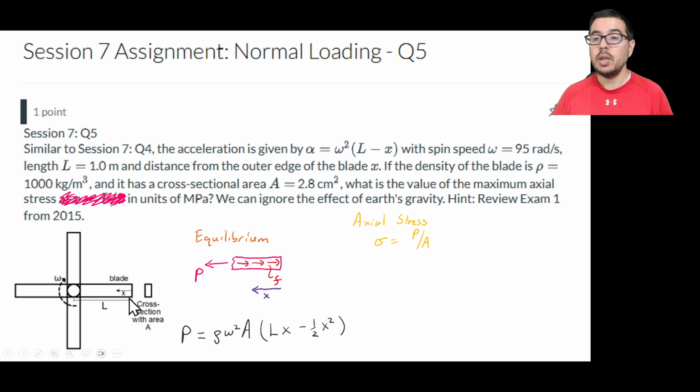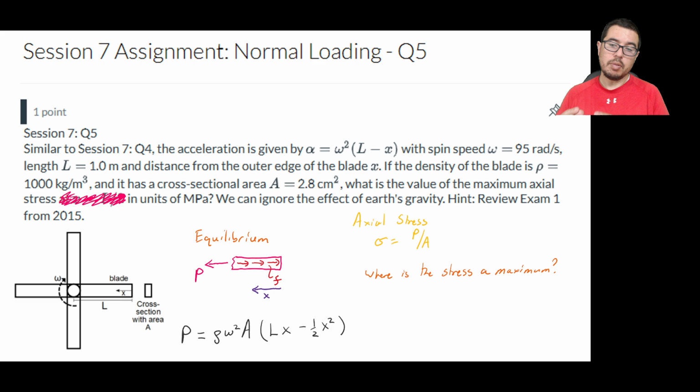And so where the force is a maximum, we expect the axial stress to be a maximum. Now, where is that going to be? Well, let's think about what's happening with this problem. If we're at the outer part of the blade, there's no distributed force, or there's no length over which a distributed force might be acting.